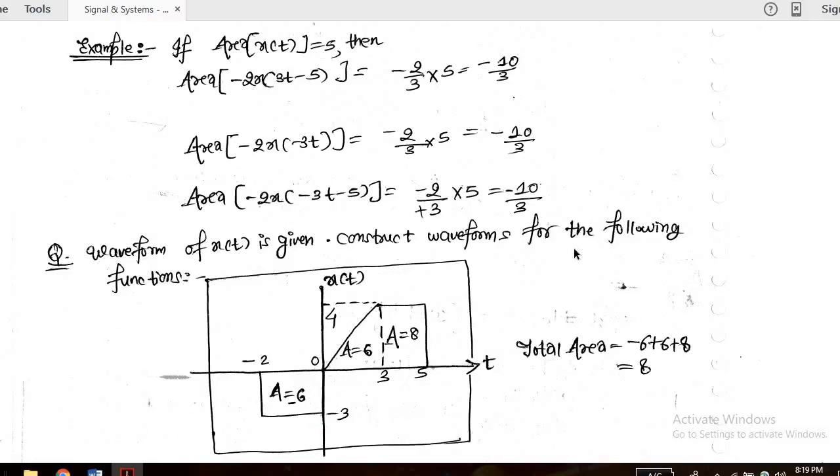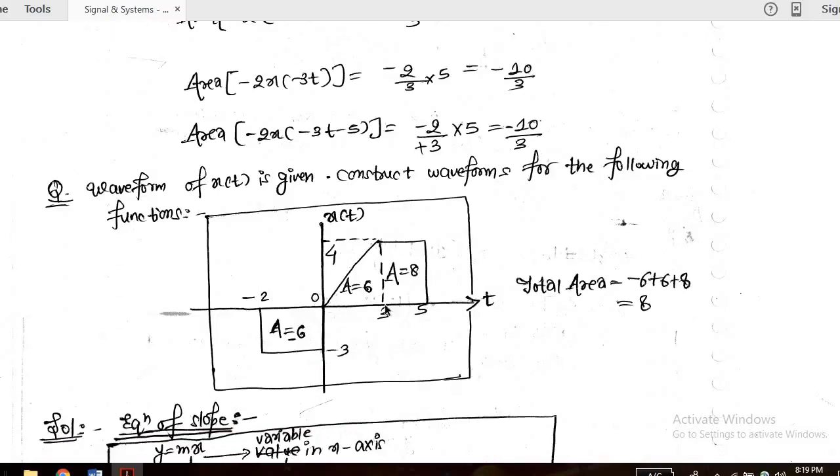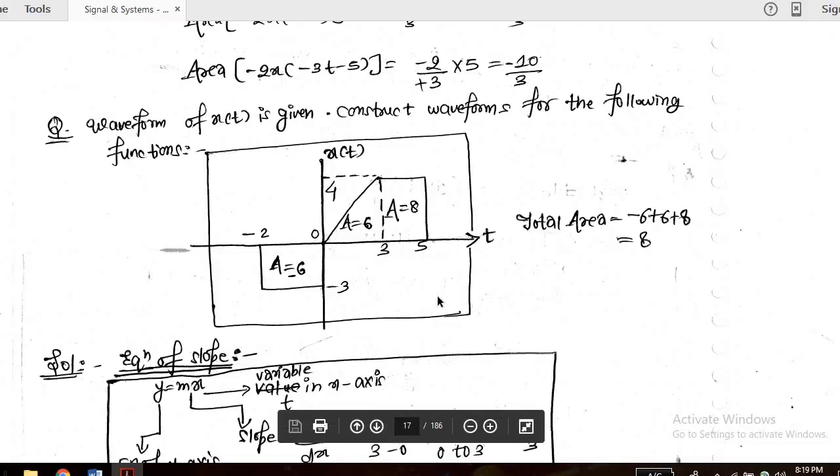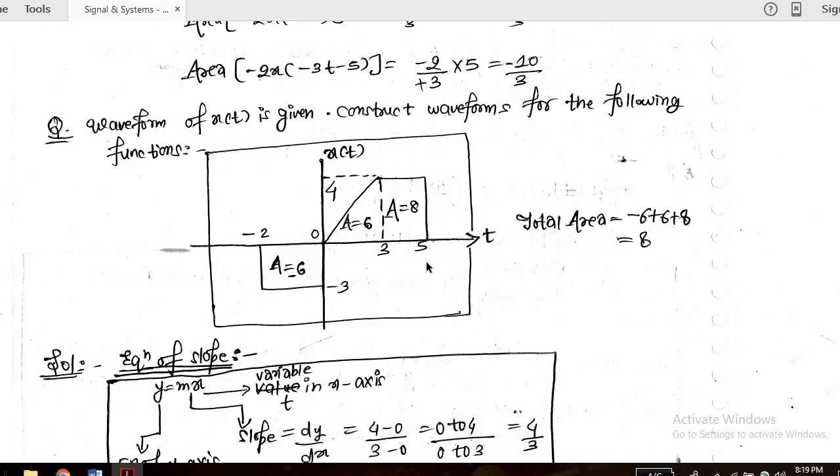The waveform of x of t is given. Construct waveforms for the following functions. Say the x of t waveform is this. If you need the mathematical definition for this signal: for minus 2 less than t less than 0, the amplitude is minus 3. For 0 to 3, it is a ramp function with the equation y equals slope times the x-axis variable. To get the slope, you need to use dy by dx, that is y2 minus y1 by x2 minus x1.